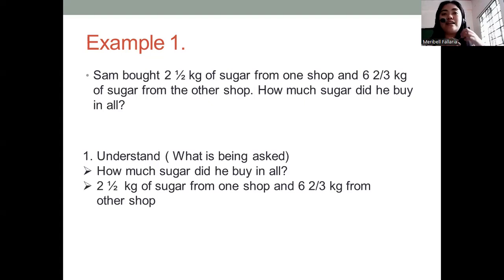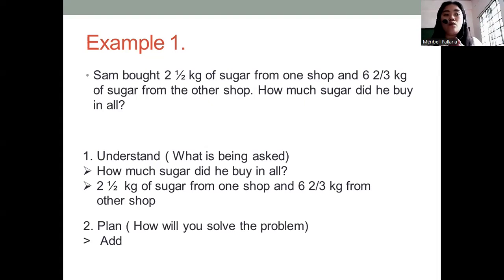Next, let's list the important numbers in the word problem. We have 2 1/2 that he bought from one shop and 6 2/3 that he bought from the other shop. Next one, what will you do?